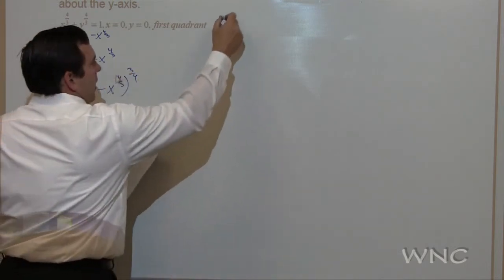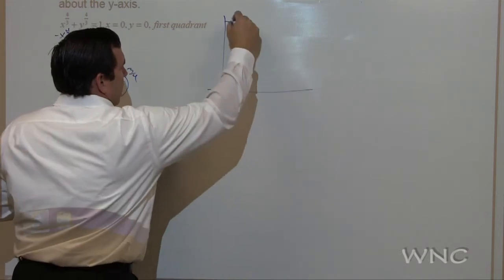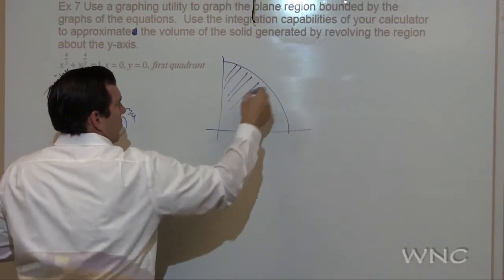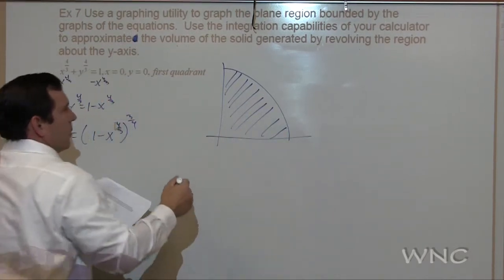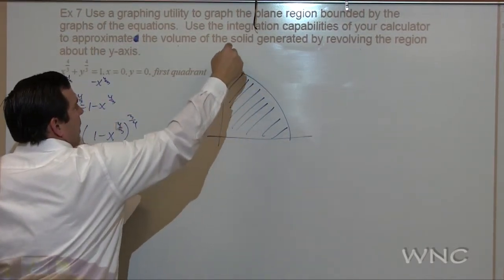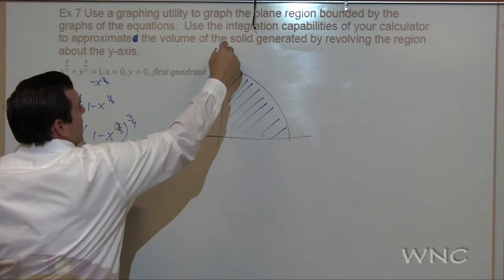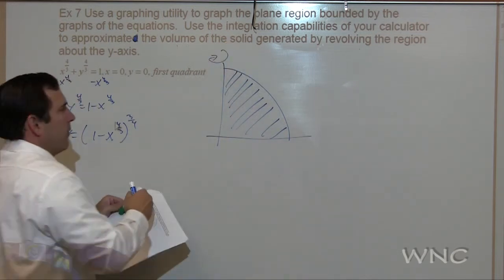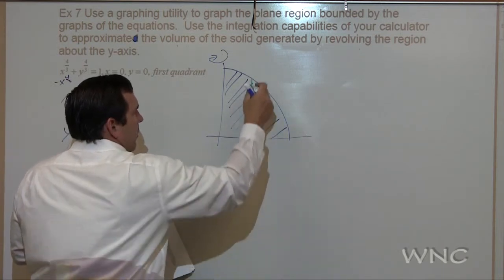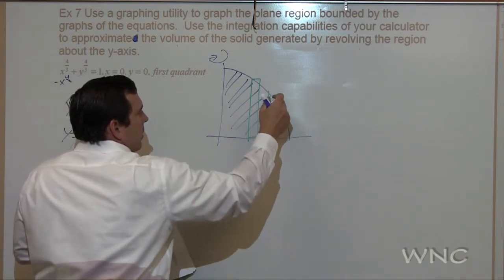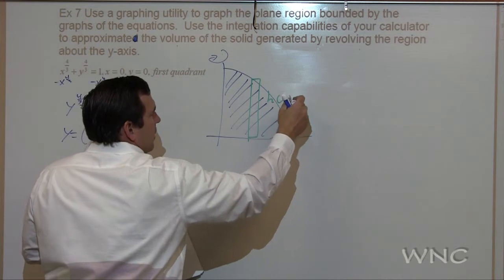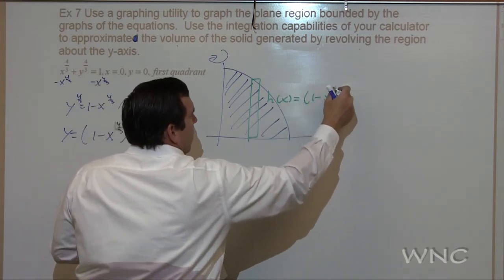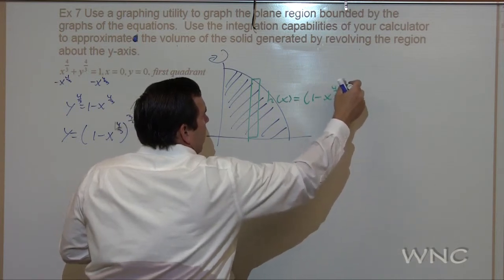So if you graph that in the first quadrant, you'd see something like this. Being that this shape is going around the y-axis, I think it would be best to use the shell method, because then we'd have a vertical rectangle. We already solved for y, so our h of x is going to be 1 minus x to the 4/3, all to the 3/4.